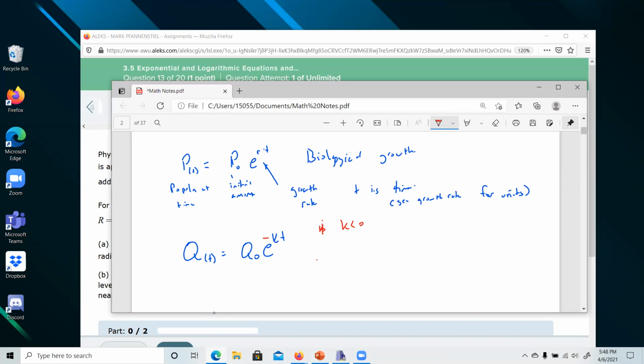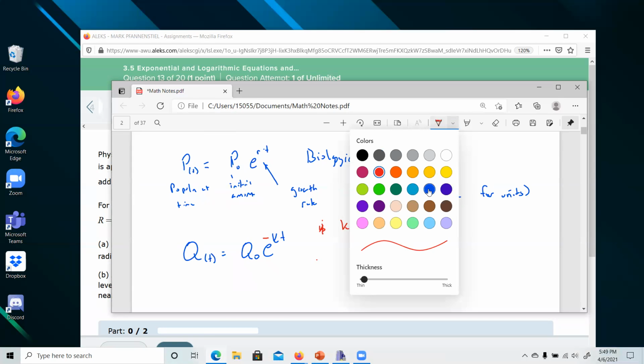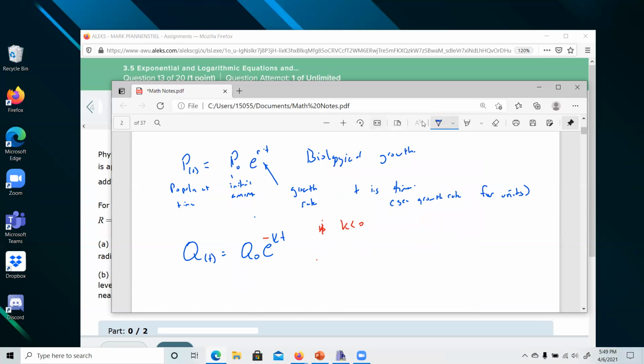But your book puts in a negative sign on the outside there. I don't recommend it. I just recommend you allow for k to be negative, and then the negative sign sorts itself out, and you don't have to track it. But there's not just one great way to do it. If you want to keep the negative sign there, be my guest and do that.